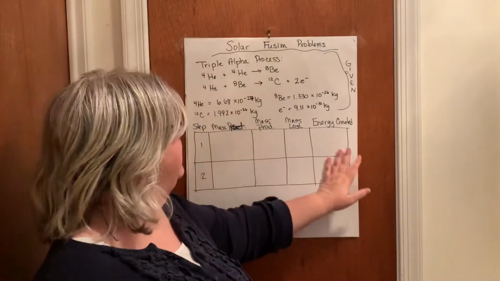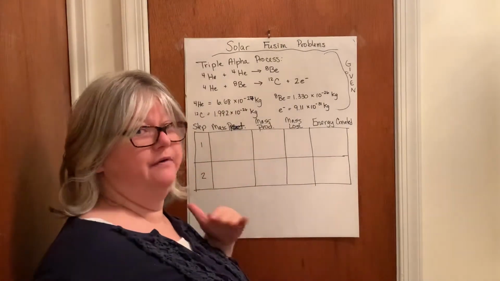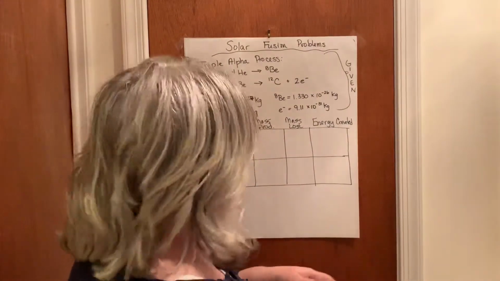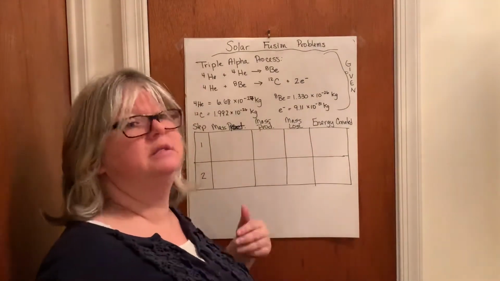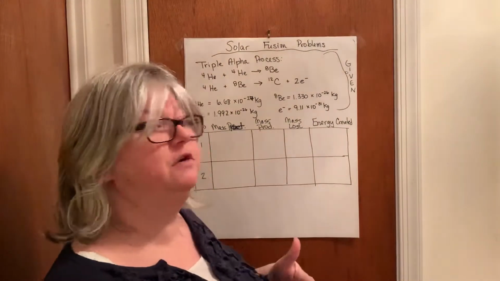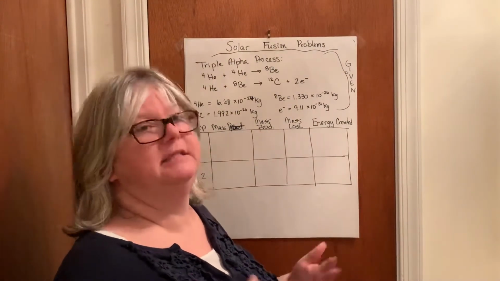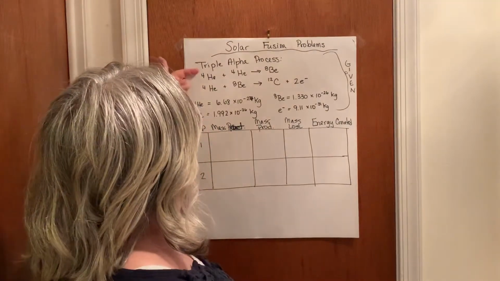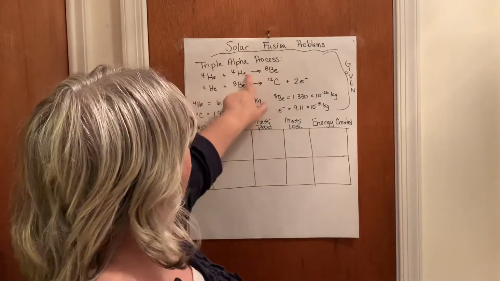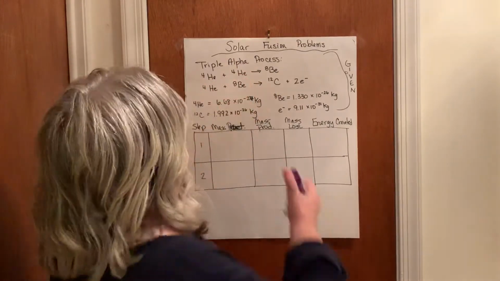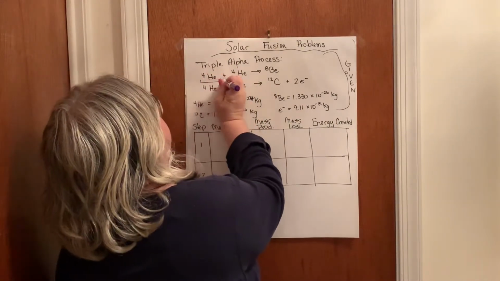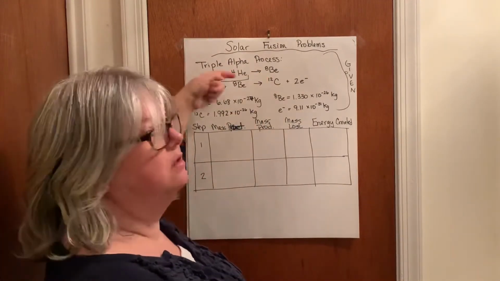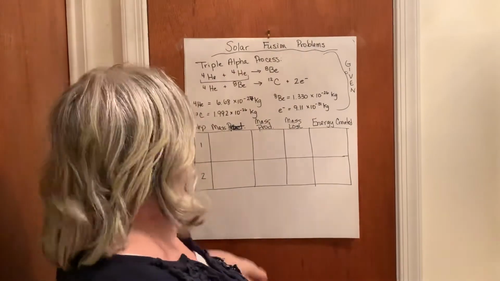So I've made up a table. This is the table that you have in your problem sheet. And I'm going to do each step separately. We don't have to if we want just the overall, but since I want to practice it, I'm going to do each individual step. So first thing I'm going to look at is what are my reactants. Here are my 2 reactants. 1 alpha particle, a second alpha particle.